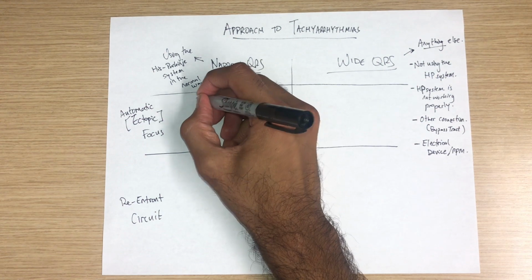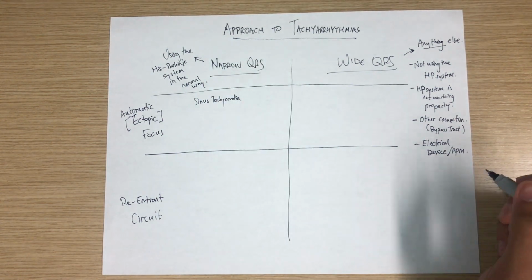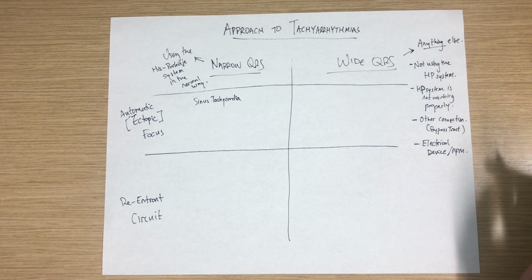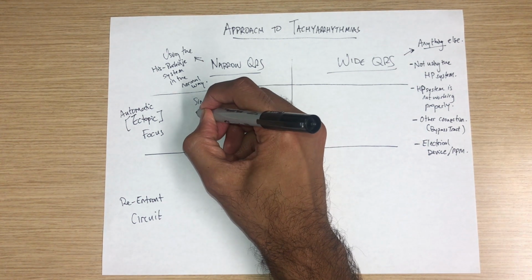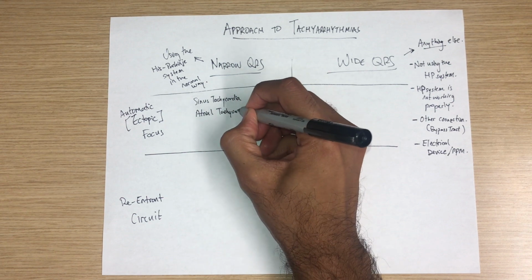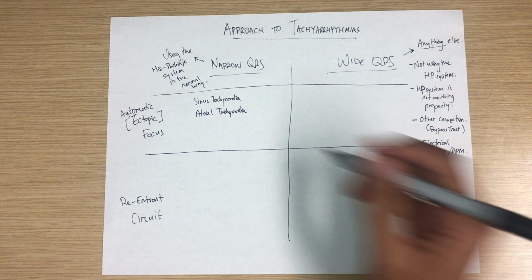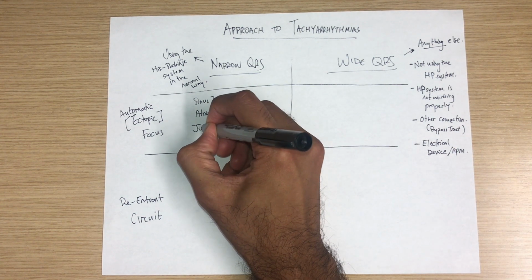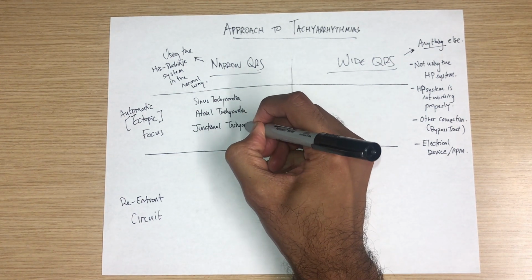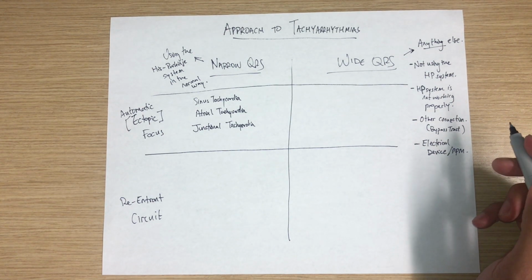The most basic example of this is sinus tachycardia. The sinus node is an automatic focus, and QRS is narrow because you're using the His-Purkinje system in the normal way. However, you can also get atrial tachycardias that show up here. Some people will call these ectopic atrial tachycardias. Junctional tachycardias can also show up here, where the automatic focus is within the AV node itself or within the AV junction.